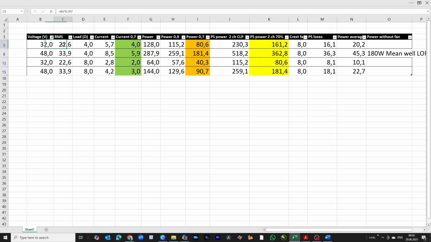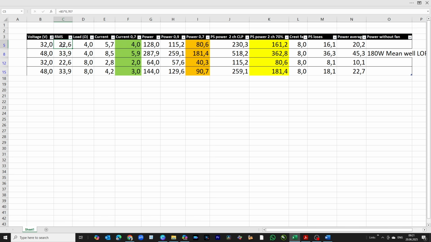First we calculate the RMS value, then we have a load, and we divide according to Ohm's law the RMS voltage by the load, and we get the current for one channel. Then here is the current at 0.7, or at 70% amplifier load. It's about 4 amps, and then we can calculate the maximum power or clipping power needed.